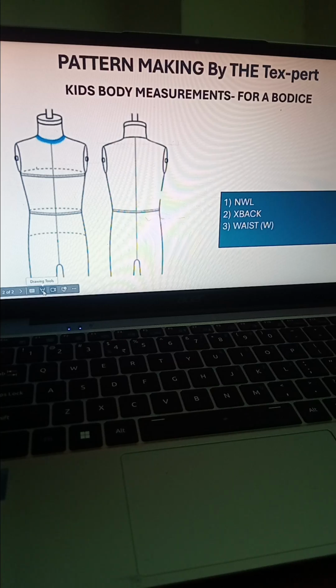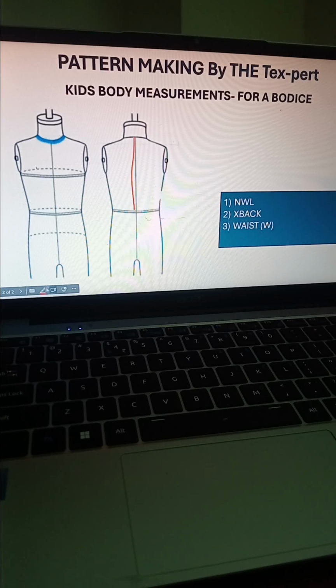Natural waist length is this measurement, from this point down to here. We measure it from the back neck, which we call the nape, to the waist. When you look at it from the back, we call it natural waist length. It can also be called nape to waist length. So this is natural waist length, our first measurement.